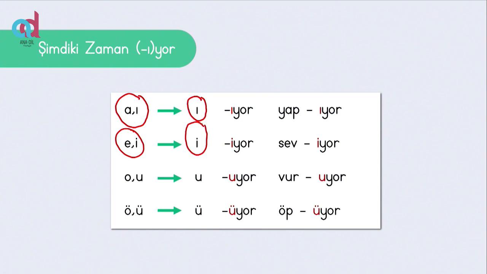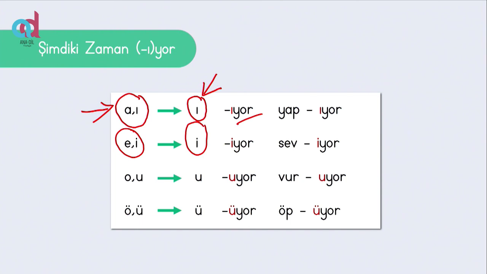In our şimdiki zaman, present continuous tense, there is one more extra thing: if the last syllable of the verb root has a, ı, then the suffix yor has to start with ı.